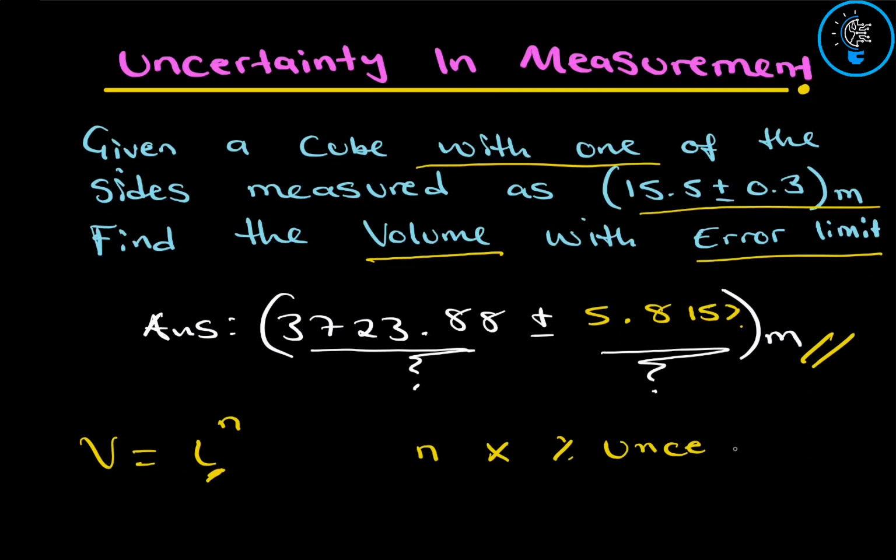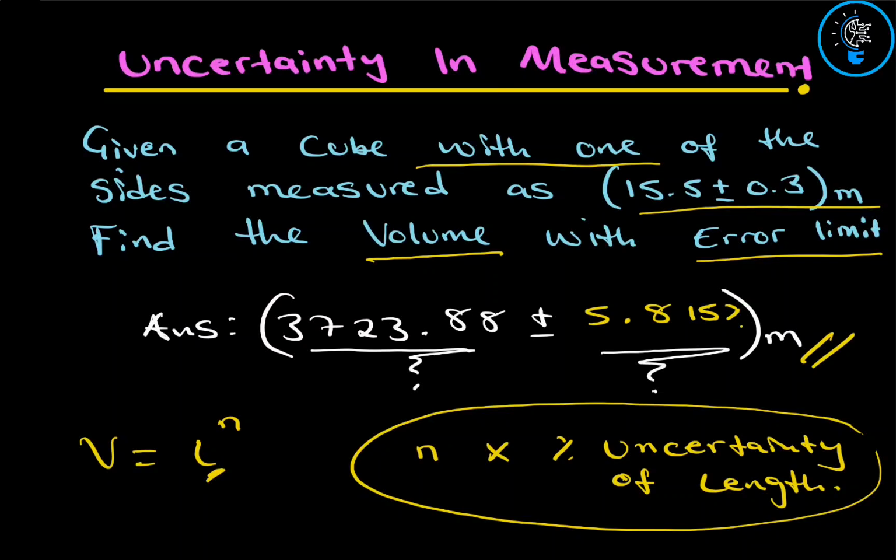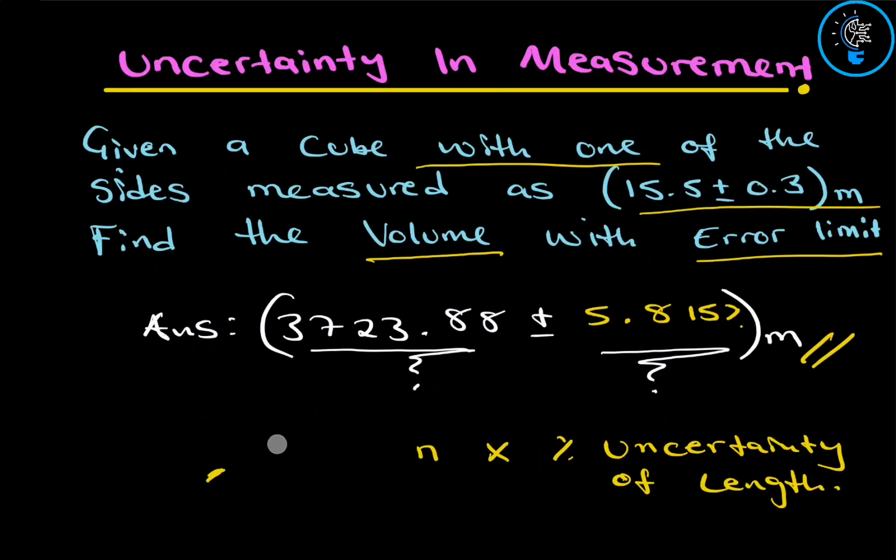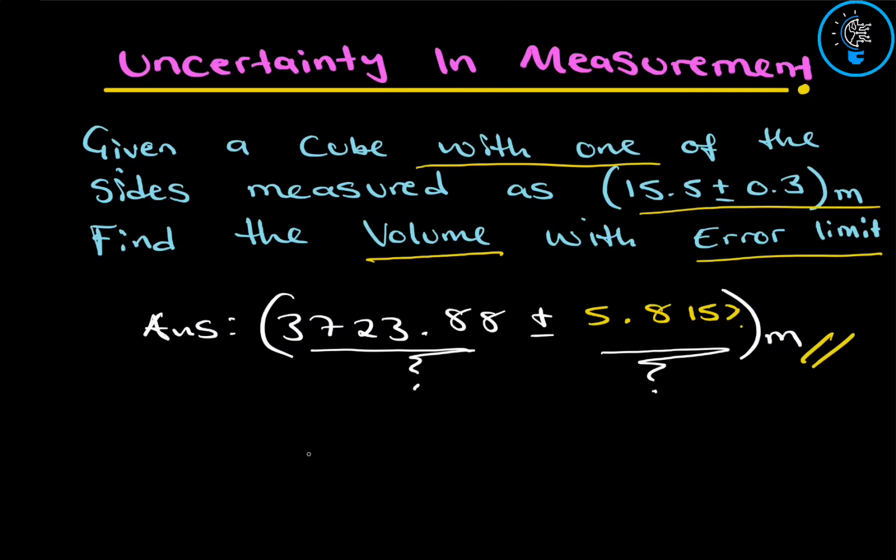So the percentage uncertainty of, since it's L, we know it's length, so we say of length. That's how you calculate the uncertainty. But if you're dealing with division or multiplication, we said you add the percentage uncertainties.